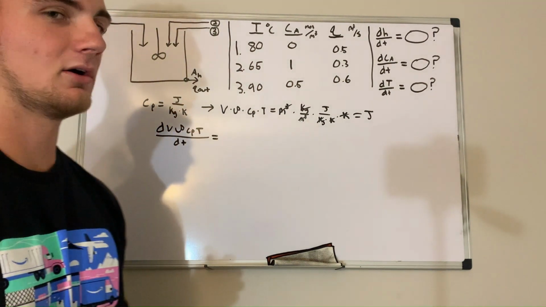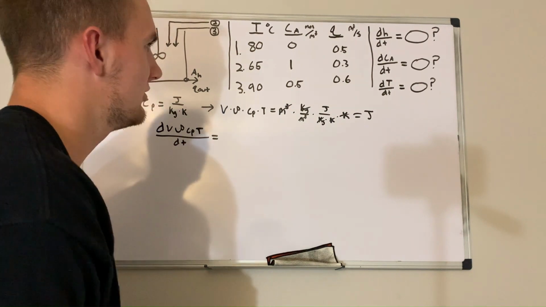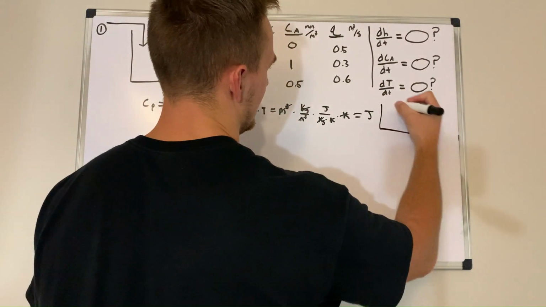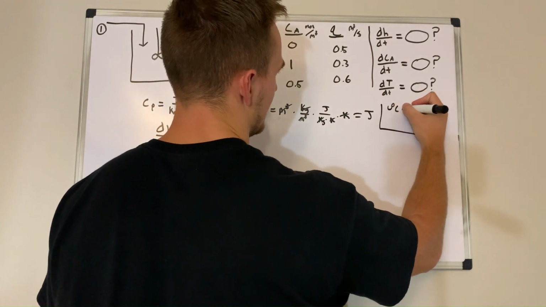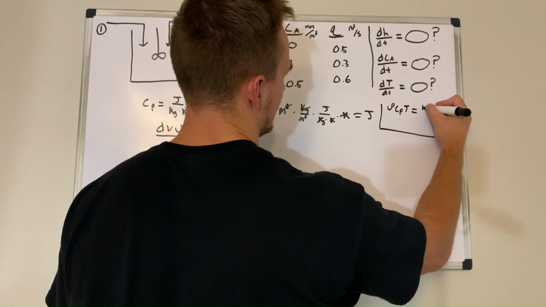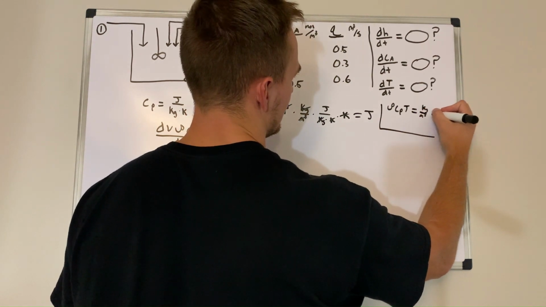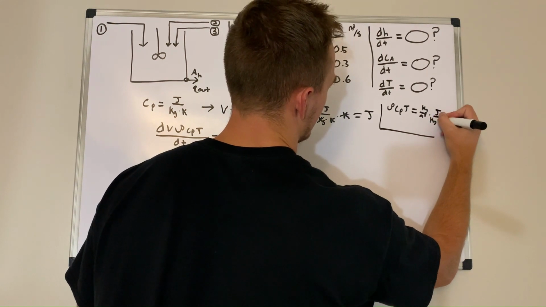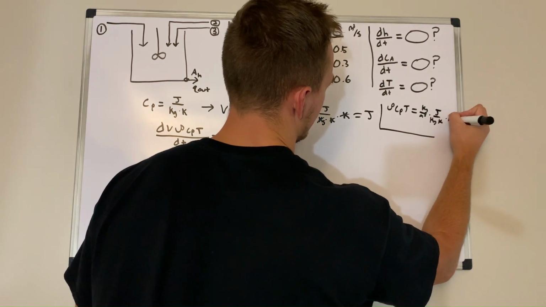Okay, now a little aside here: if we take rho times Cp times temperature, that's equal to kilograms per meters cubed times joule per kilogram Kelvin times Kelvin.